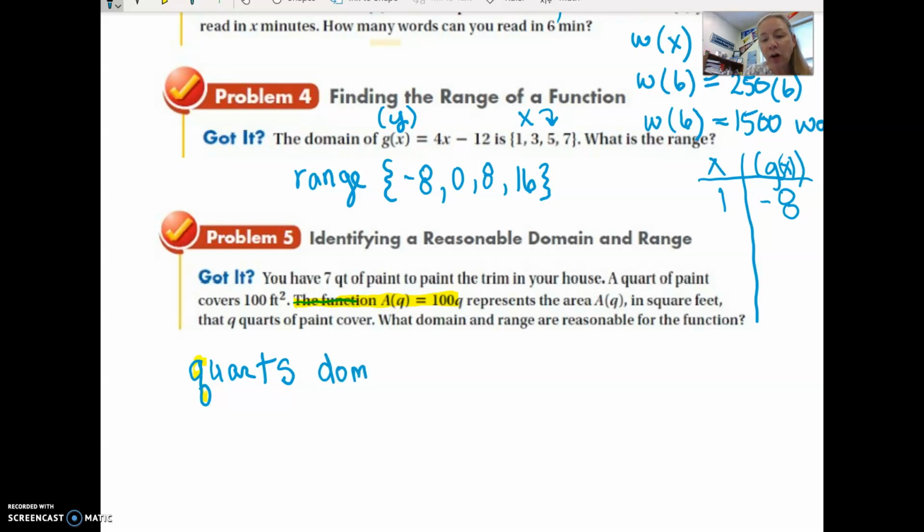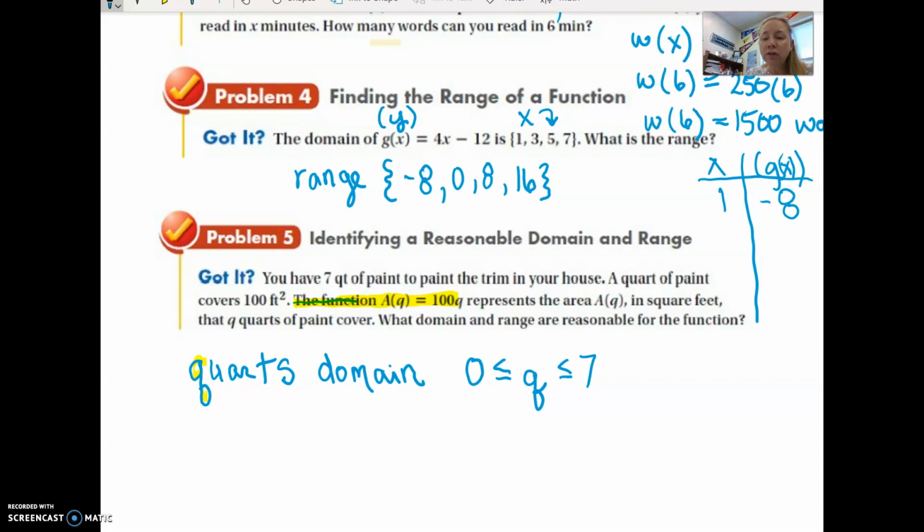So my domain would be 0 less than or equal to Q, which is less than or equal to 7. That would be how many quarts I could use to paint the trim.